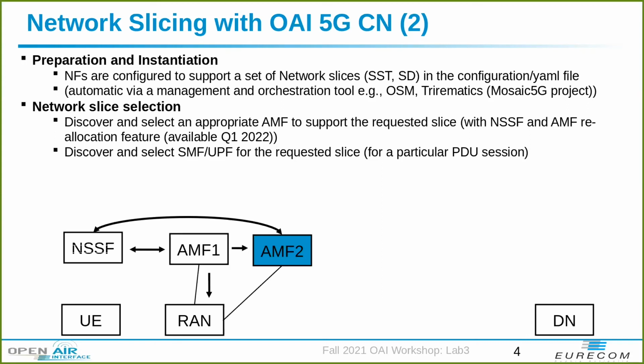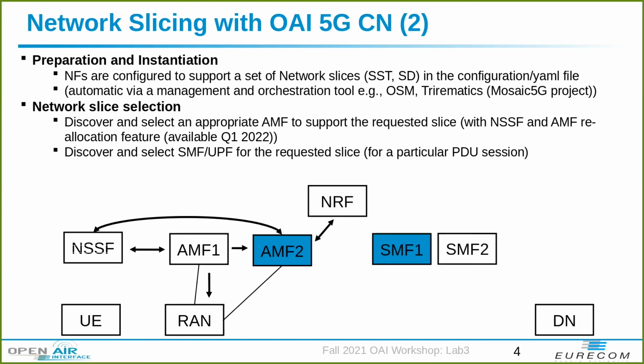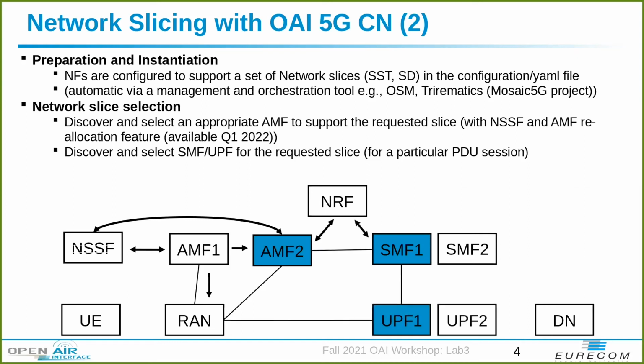Then the AMF via NRF service can discover the appropriate SMF and send the N11 message to create a new PDU session. You can see here SMF1. Similarly, SMF can discover the appropriate UPF so that the user plane can be set up between the UE, RAN, UPF1, and the DN.